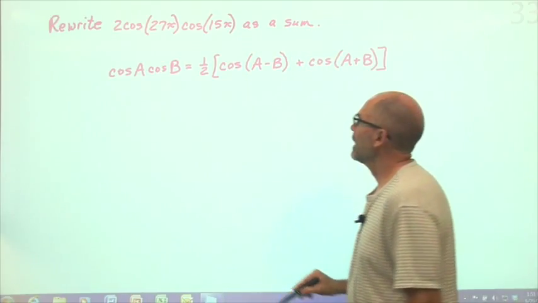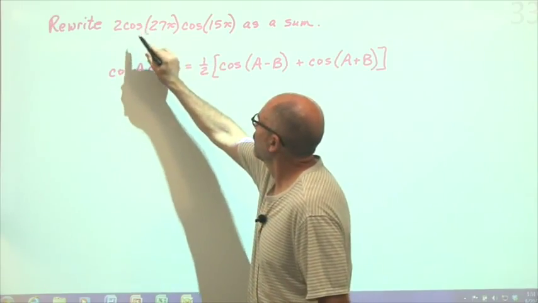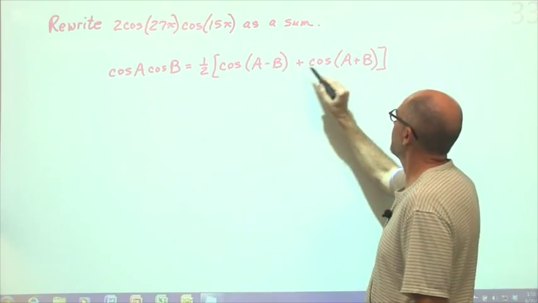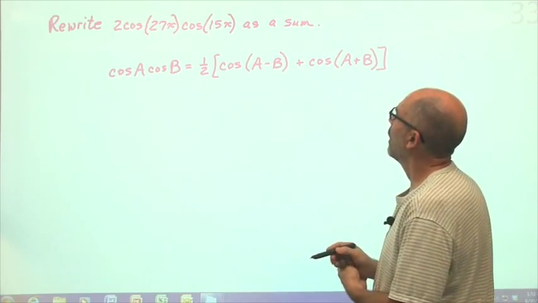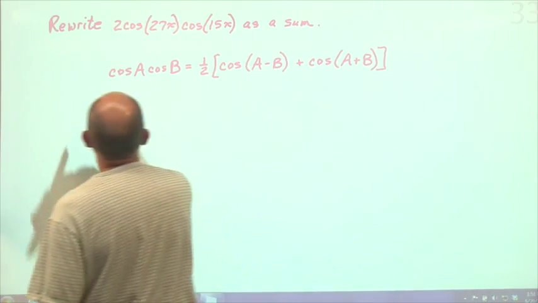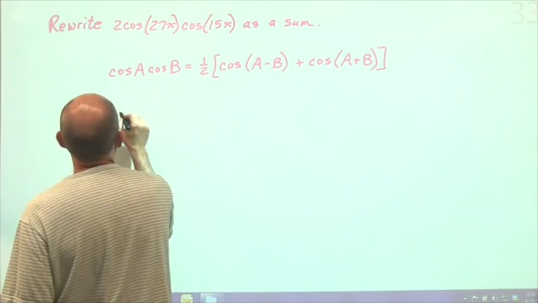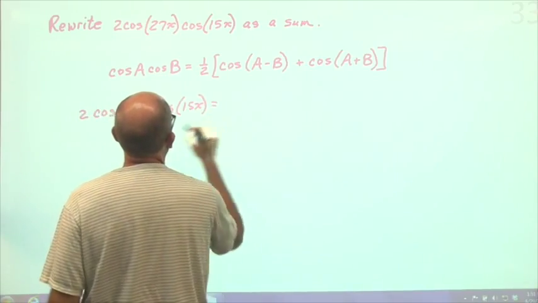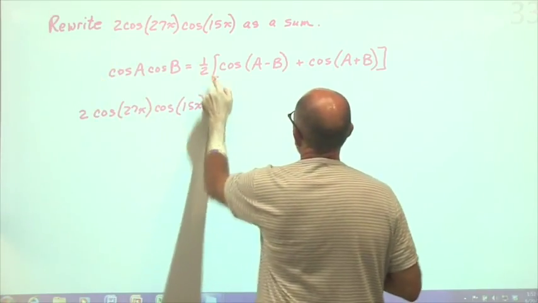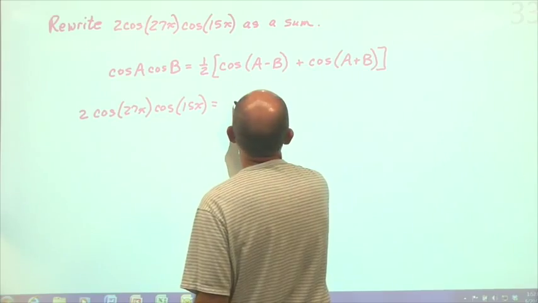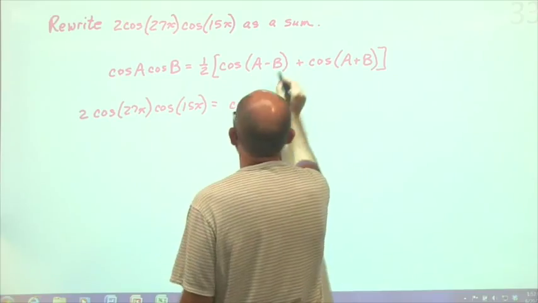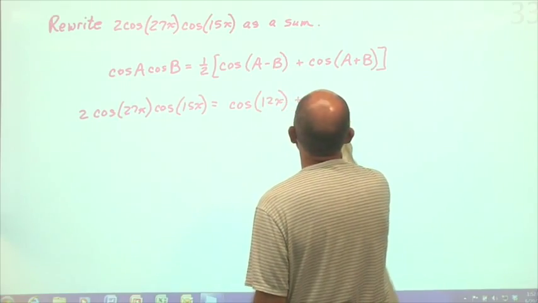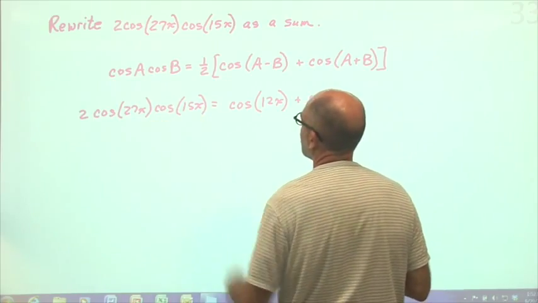Well, remember, the product to sum, we've got cosine cosine equals 1/2 cosine A minus B plus cosine A plus B. So what I really have is 2 cosine 27x cosine 15x equals, so I basically multiplied the left by 2, so I'm going to multiply the right by 2 also, and so that's just going to equal cosine of A minus B, so it's 27x minus 15x, which is 12x, plus cosine of A plus B, 27 plus 15 is 42x.